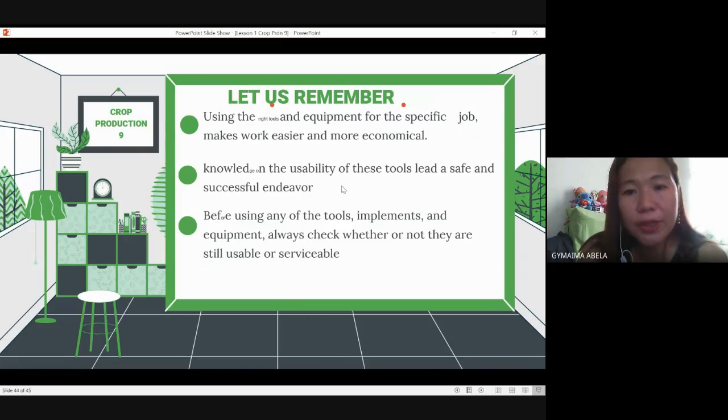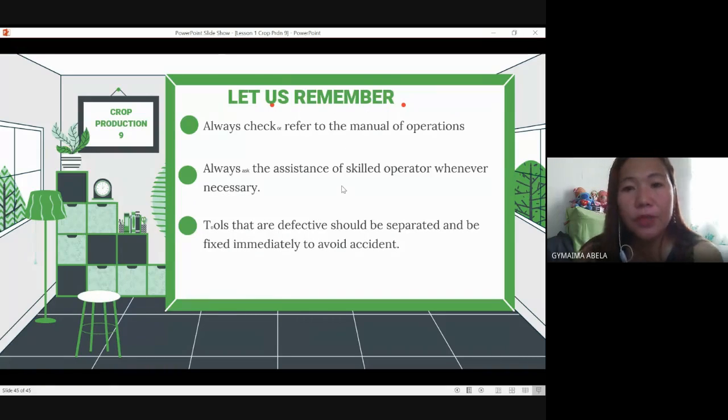So before using any tools, implements, and equipment, always check whether or not they are still usable or serviceable. Also, always check or refer to the instruction manual of operation. Always ask the assistance of skilled operators whenever necessary. And tools that are defective should be separated and fixed immediately to avoid accidents.